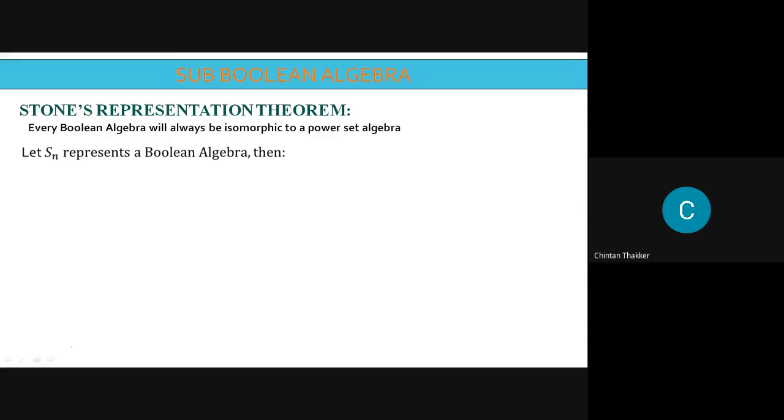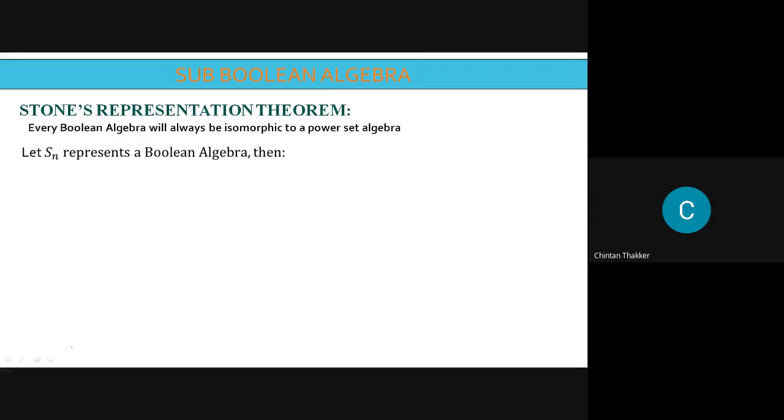उसके बाद जो लास्ट टॉपिक हमने लिया था स्टोन रिप्रेजेंटेशन थियरम, important topic. The stone representation theorem says that every Boolean algebra will always be isomorphic to the power set algebra.